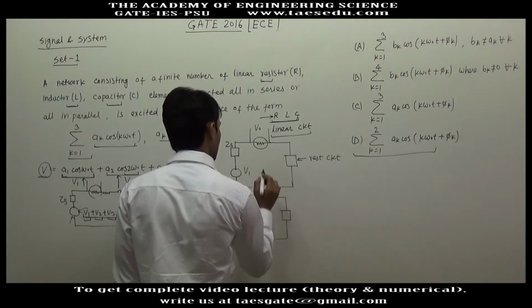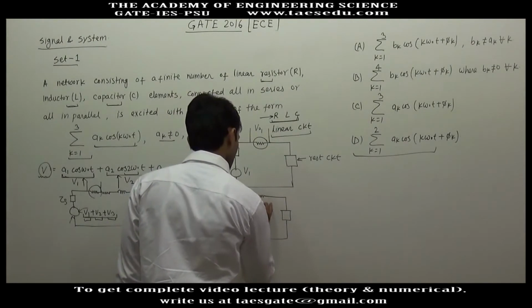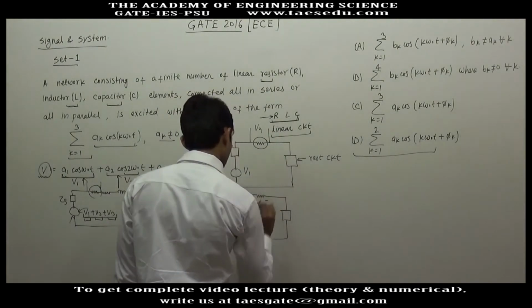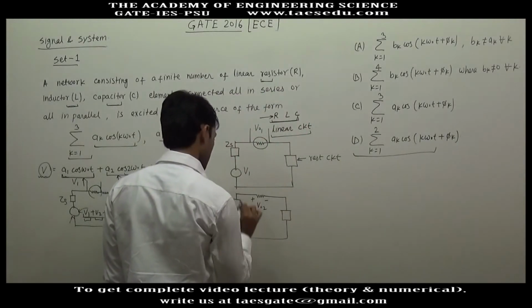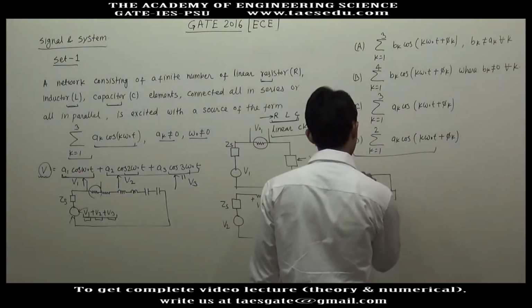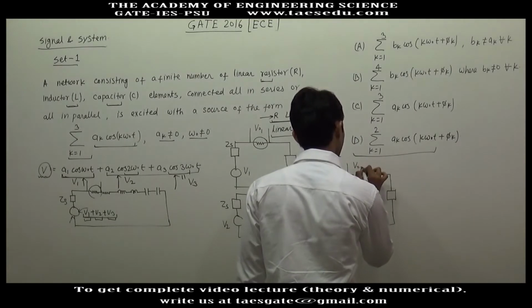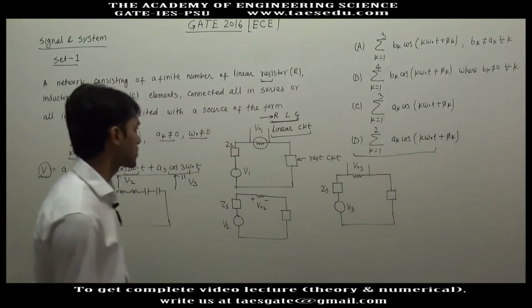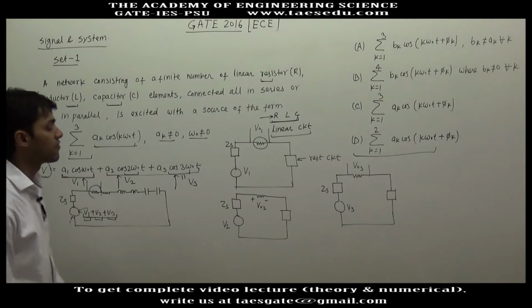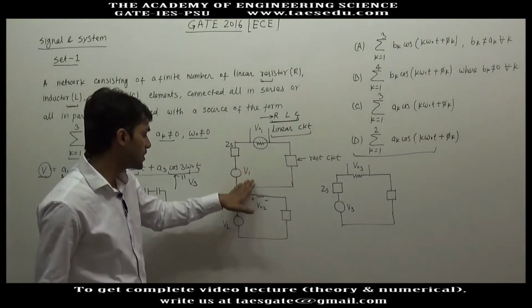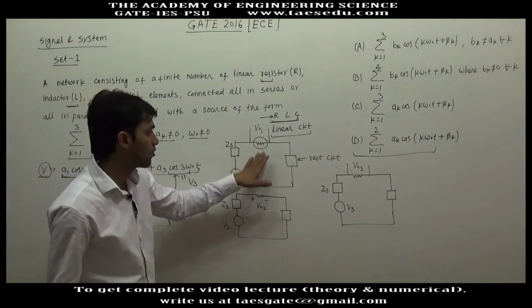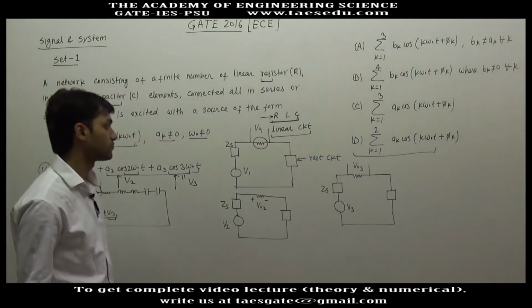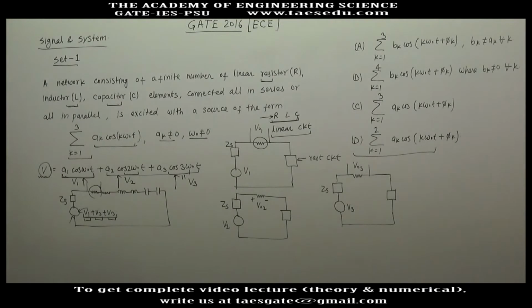This is V2. Then we will have V01, then we will have V02. This is the source impedance. This will be V0. So in superposition, what will we do? We will find the outputs individually due to all the inputs, and later we will add all three outputs. Okay. So this was superposition.